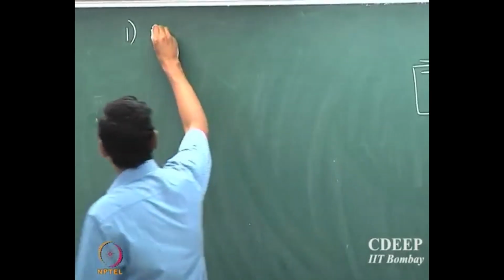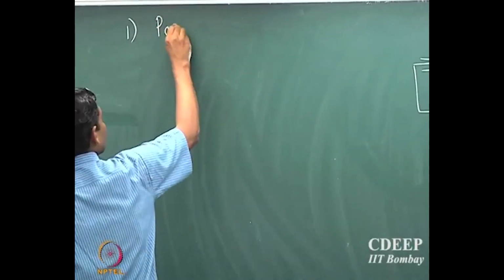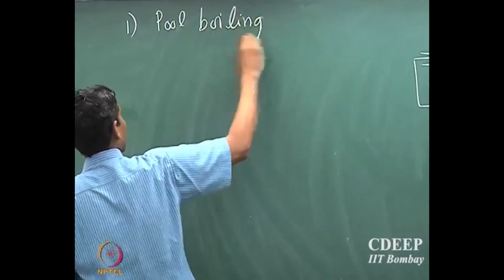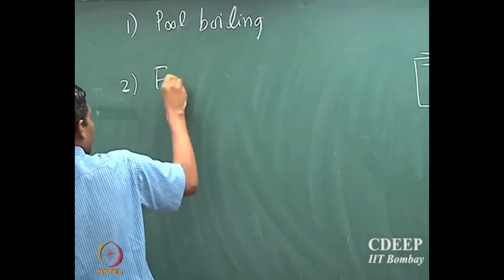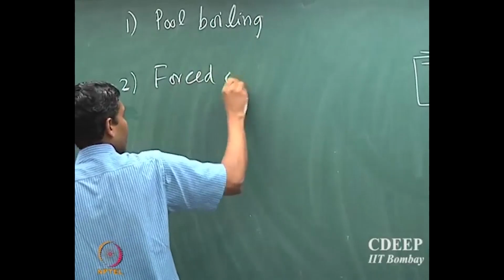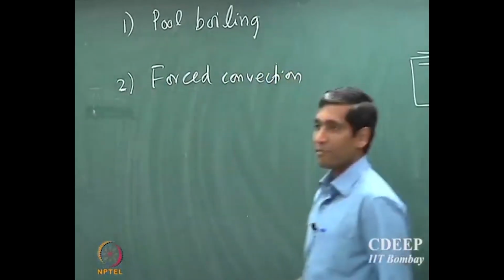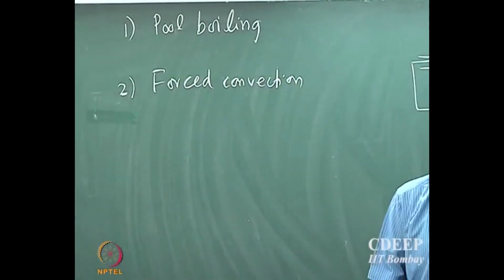So, there are 2 classes of boiling. One is called pool boiling and the other one is called forced convection boiling. It might be a bit surprising to see forced convection here.